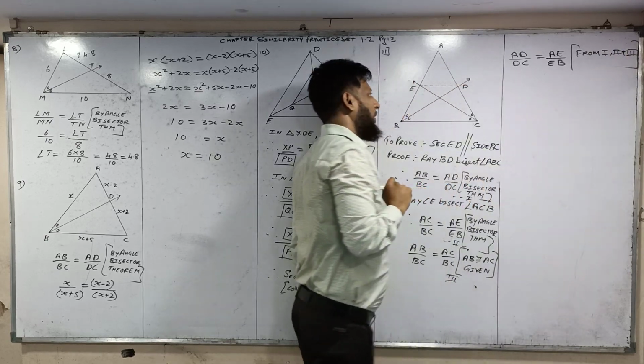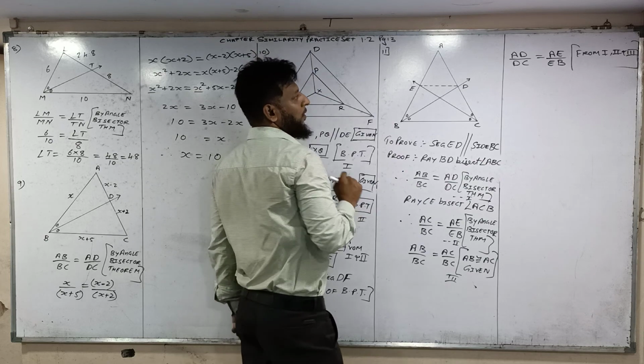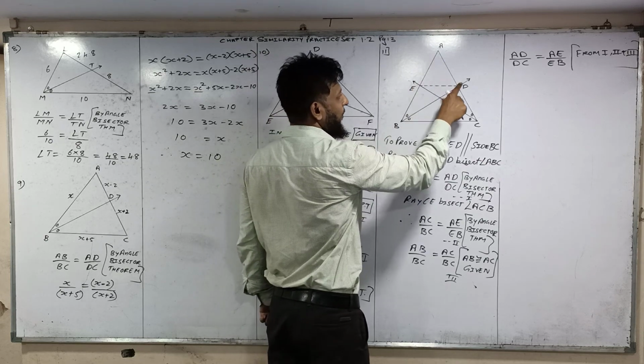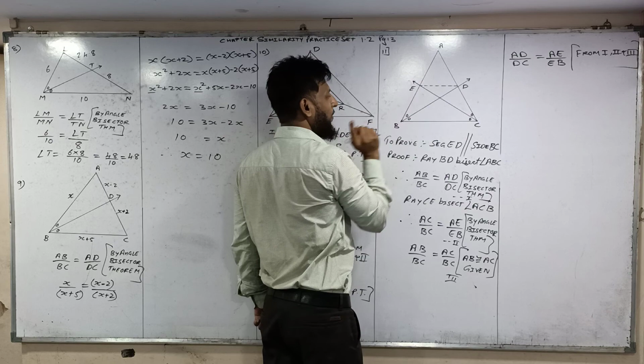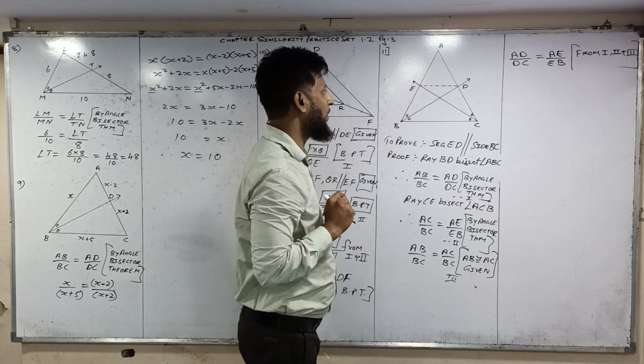So now AD upon DC equal to AE upon EB, the proportions are equal.